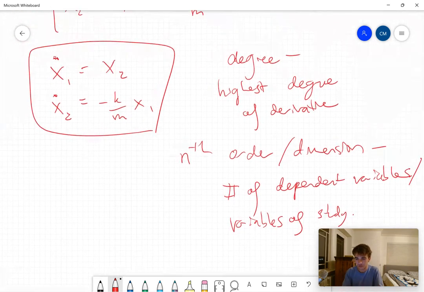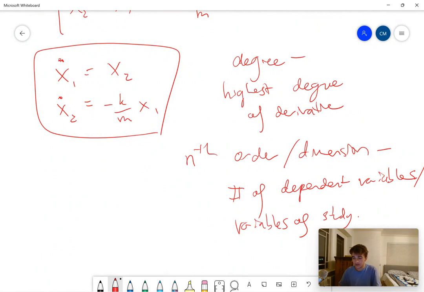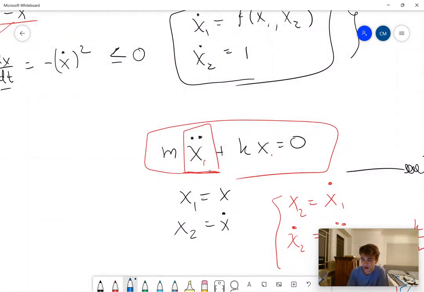Same thing here. If we want to analyze the trajectories of n dependent variables, we need a set of n equations. And so this is a common trick, and it allows us to use the tools that we've learned for first degree systems to solve a single differential equation of a higher degree.